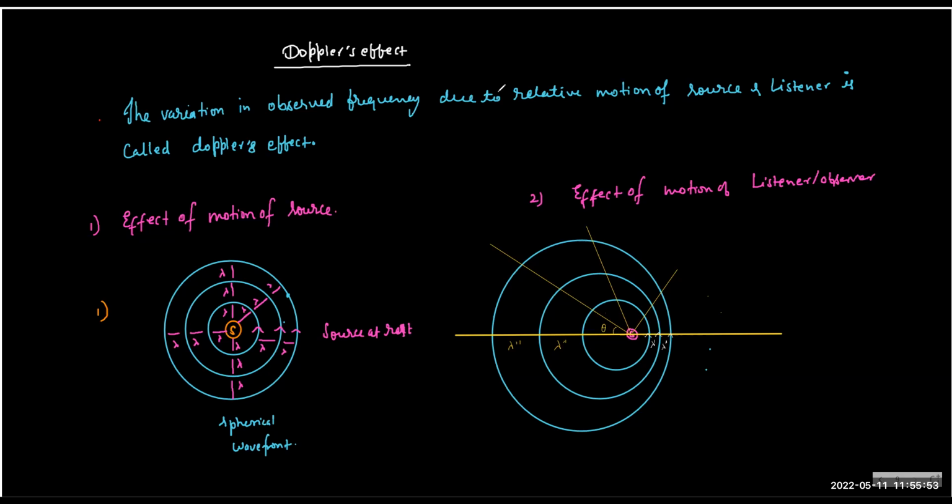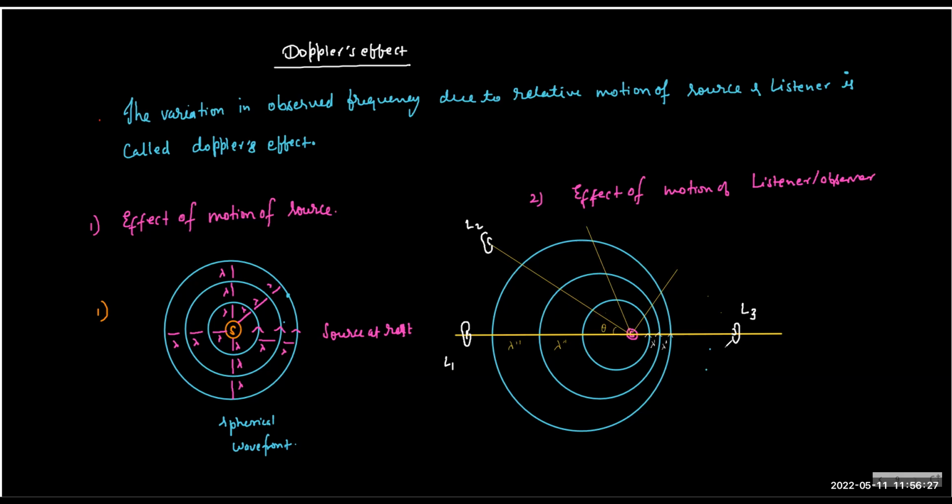Depending upon the location of the listener, assume I have a listener at this location, another at this location, and another at this location. Listener 1, listener 2, and listener 3 will all receive different wavelengths.